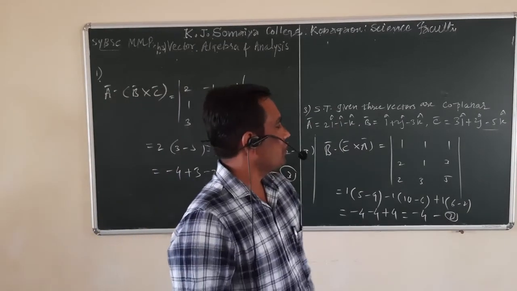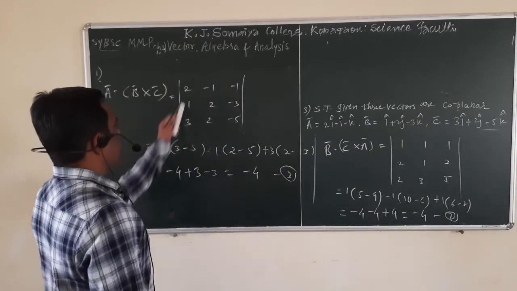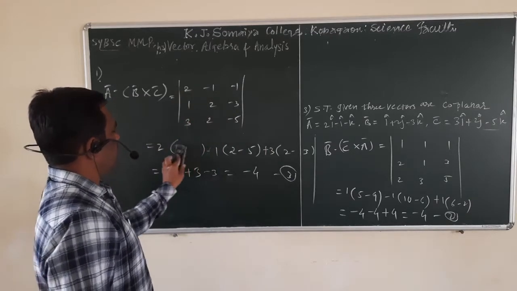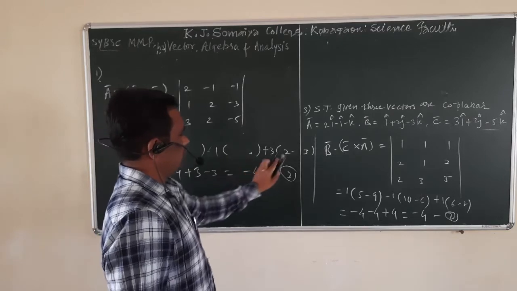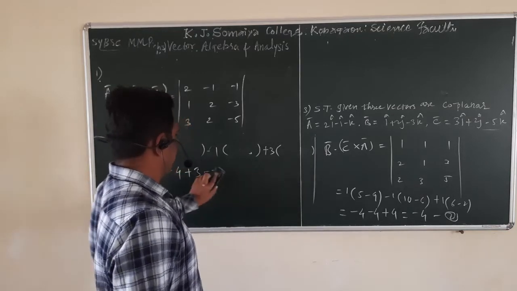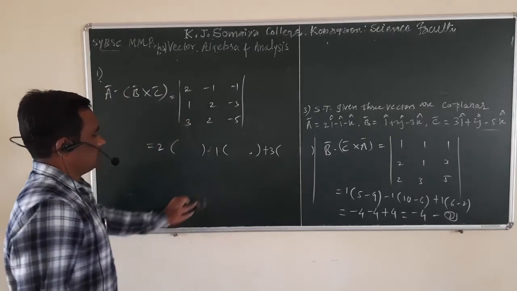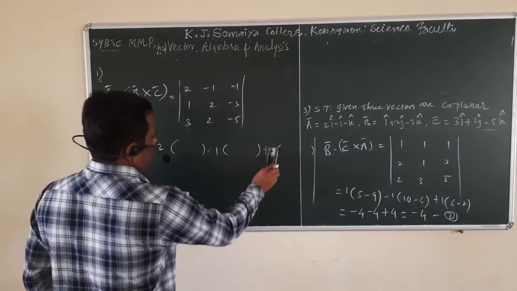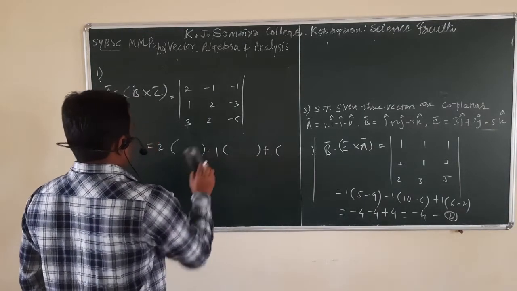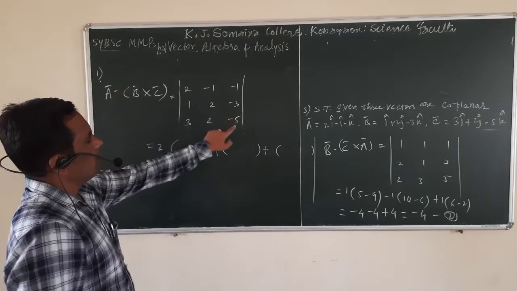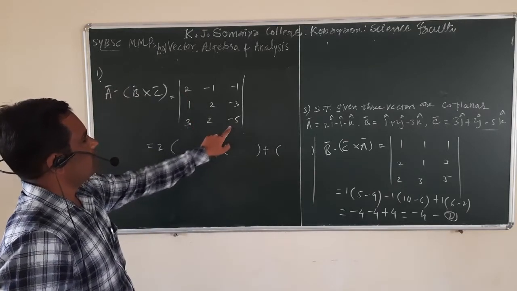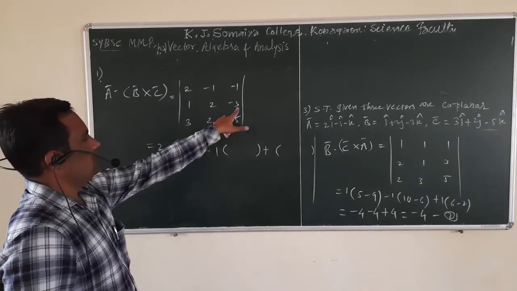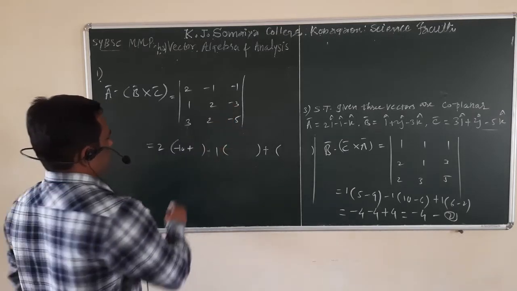Okay, now see what we'll get. 2 into minus 10, okay, and plus 3 into 2 which is 6.